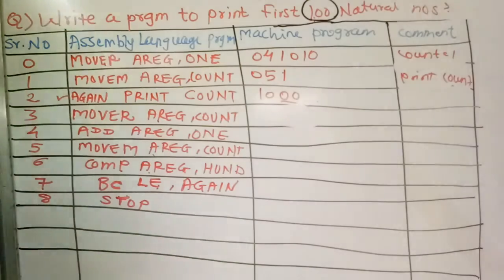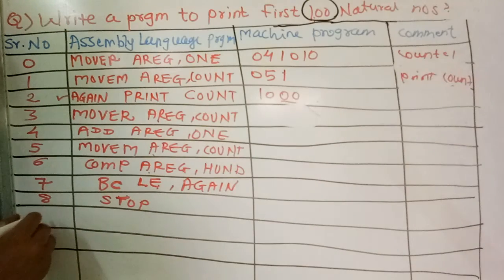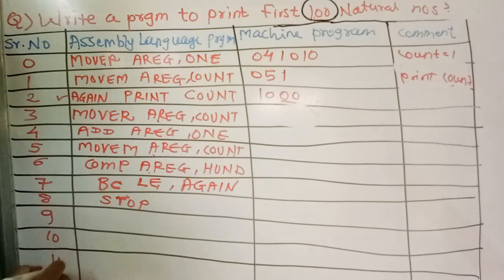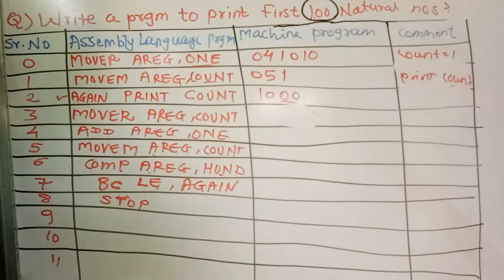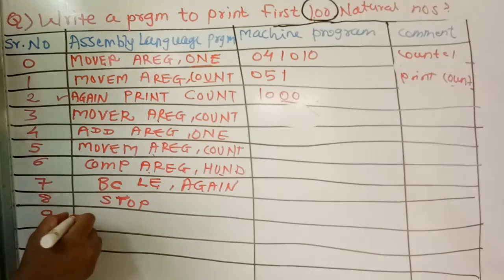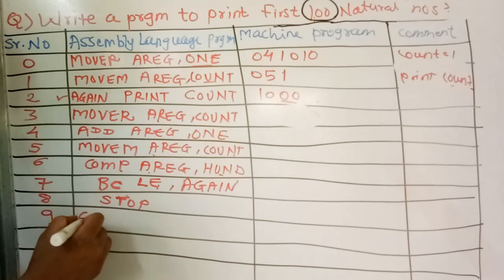But we have to specify again that we have used three variables: 1, count and 100. Now these are the declaration statements. We have to declare them, first, for example, count.